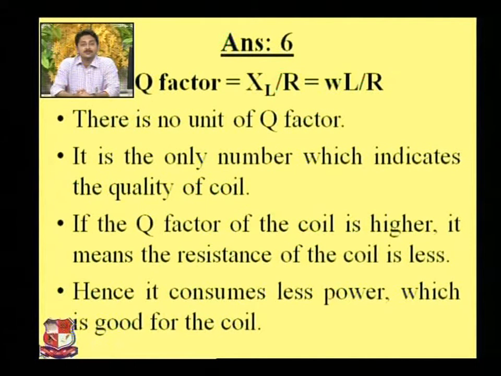Hence, you can also say that it consumes less power, because P equals I squared R. If the resistance is very small, then it consumes less power, and if the power loss is less, then the heat generated in that material is very little. So the accuracy goes higher and the reliability is also improved, and then definitely the Q factor, the quality of that material, is increased.